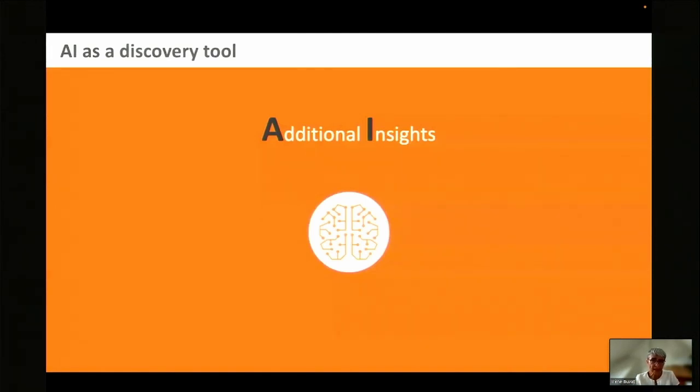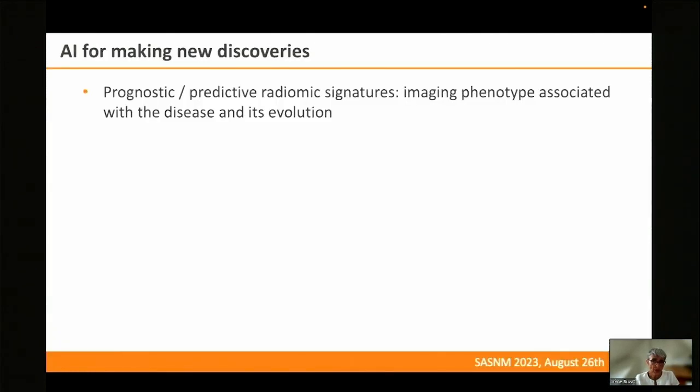Third, AI can also be used as a discovery tool. So here, the most common illustration is in the radiomic field, where many groups propose prognostic or predictive radiomic signatures. So a signature corresponds to a radiomic phenotype that is associated with what we want to predict. So the response to a treatment or the outcome of the patient, for instance.